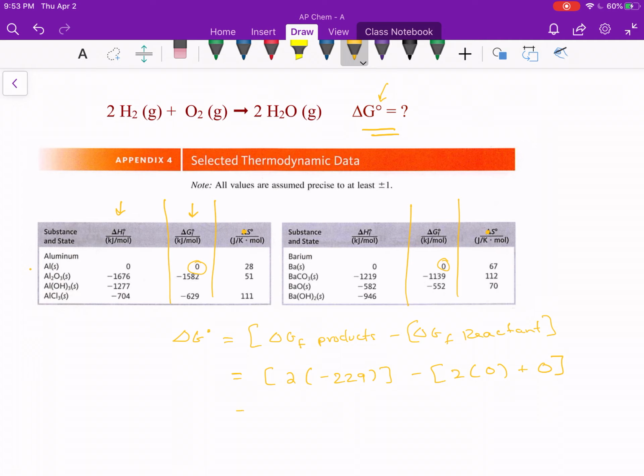So really here we just see that delta G for this particular process would be equal to negative 458 kilojoules. And we're like, ooh, negative. So in this particular case, at 298, we would say that this reaction is spontaneous.